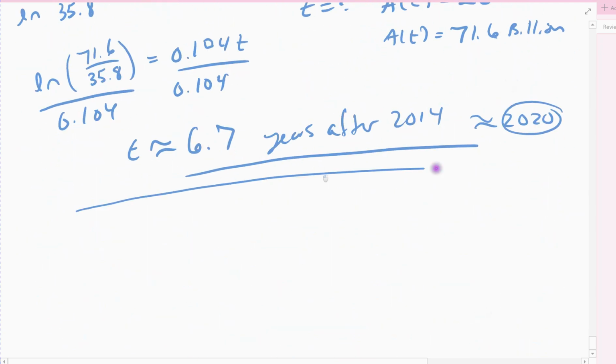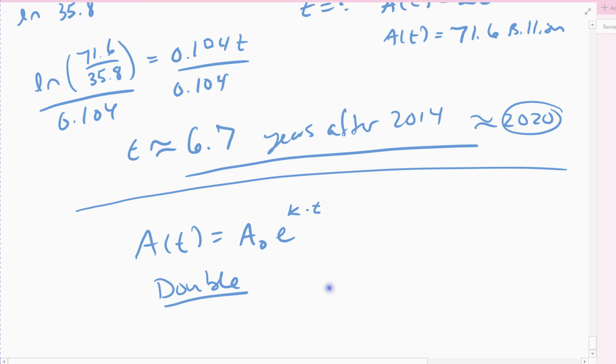There is a little trick that's called the doubling time formula. If we've got an equation where A of t equals the number up front, the original amount, times b raised to some number k times time, that's just the generic version. If I want to know when it will double, the time it takes to double is the natural log of 2 divided by whatever that k value is.